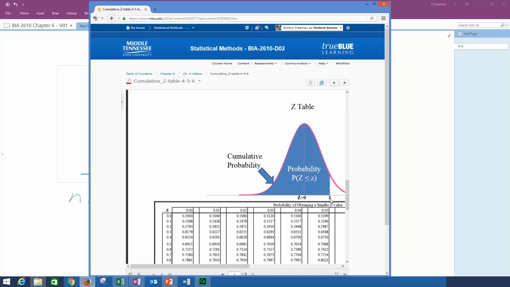So all you have to do to get the part that's on the other side is just subtract this probability from 1, because the likelihood that you're below it plus the likelihood that you're above it is going to equal 1. This is a continuous probability distribution, so there's no likelihood at all that it's going to be exactly equal to 0.83.